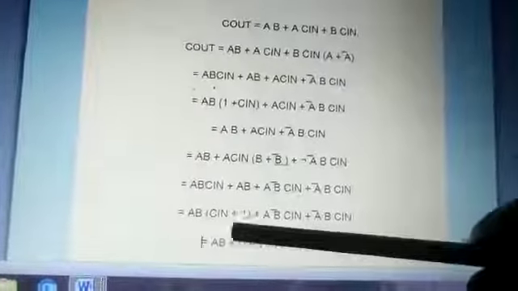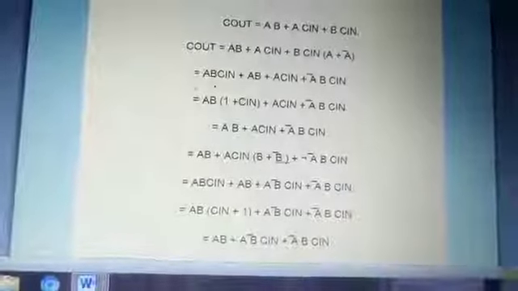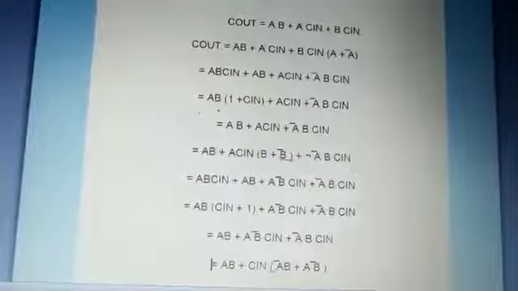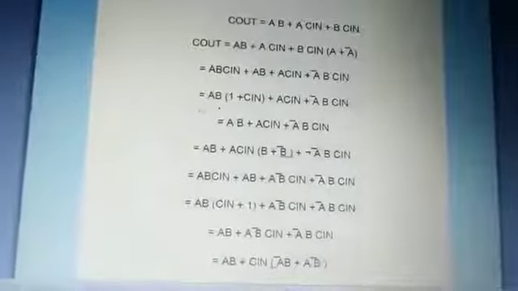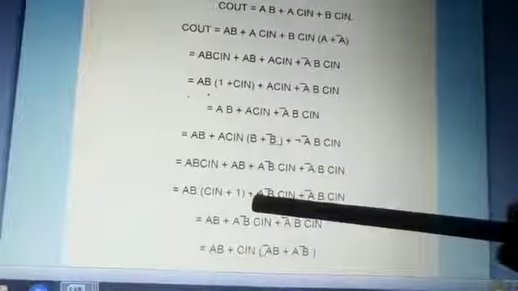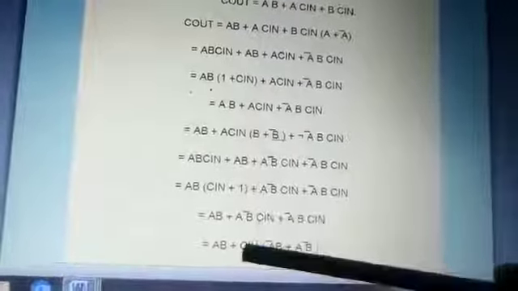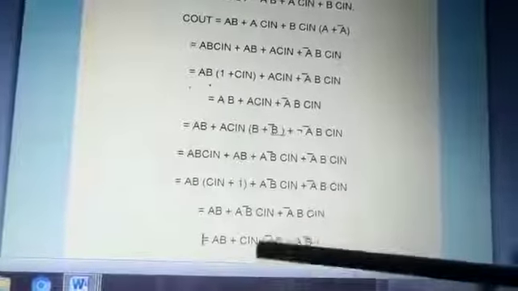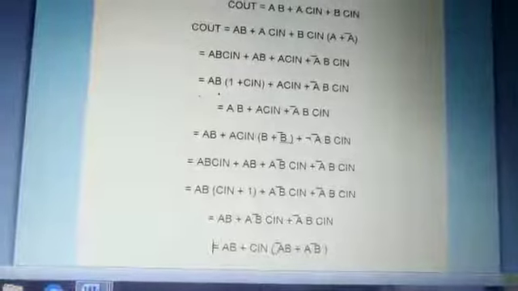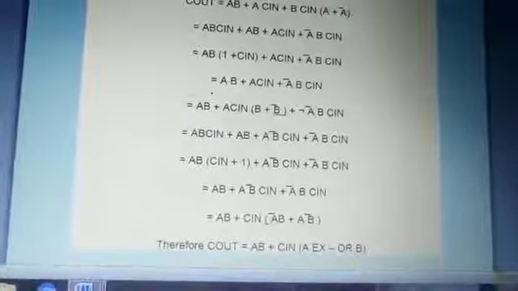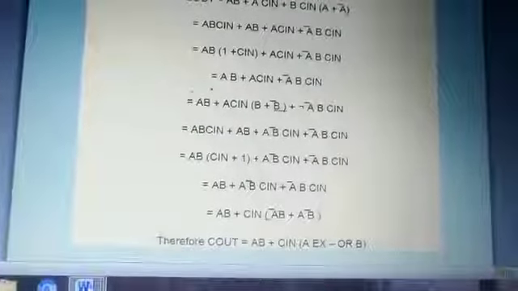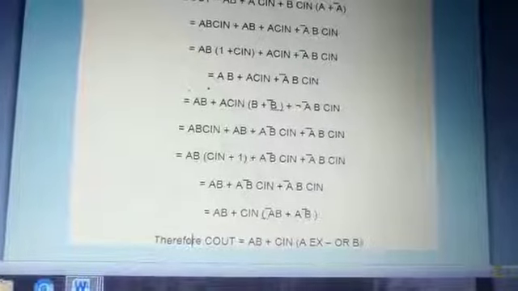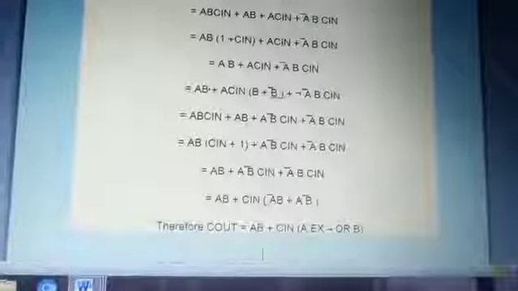So we have A B plus A B bar C in plus A bar C in. From here I take C in as common. If I take C in common, what is left is A bar B plus A B bar. So this is the expression for the XOR gate, and we get our final result.